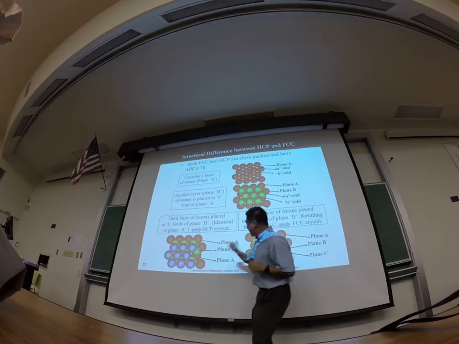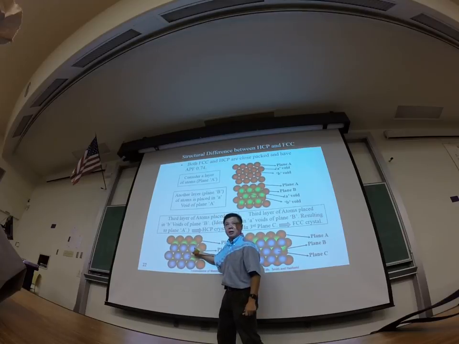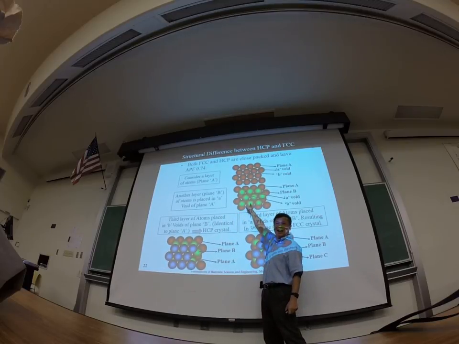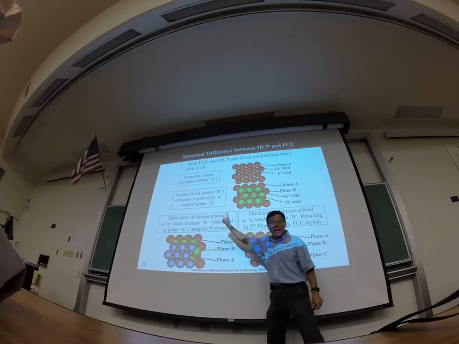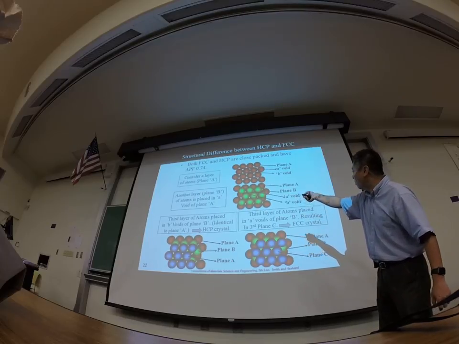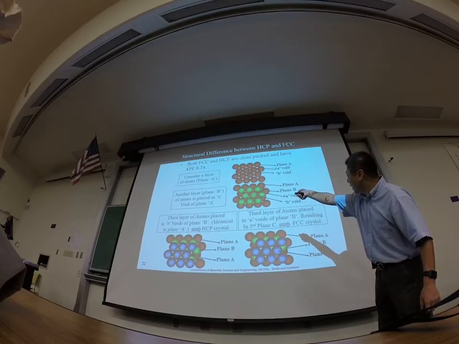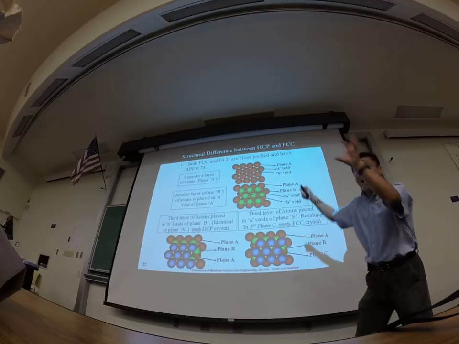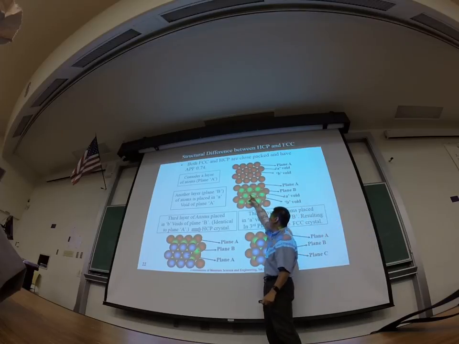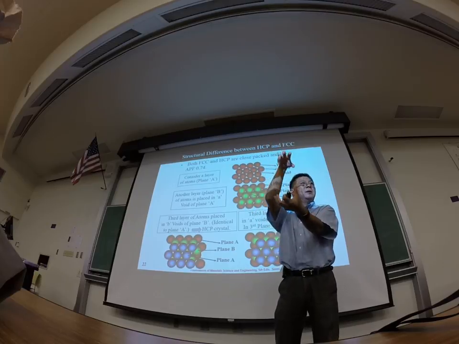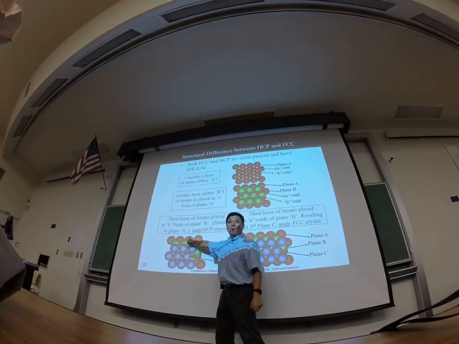Okay, then if the third layer takes the A voids of the second layer, think about here, here is an A void of the second layer. When you put a particle in that location, that particle has exactly the same position as the very bottom one.